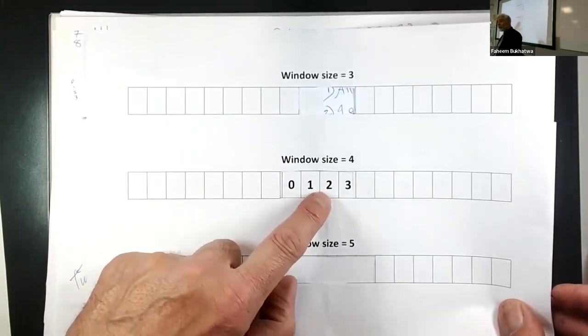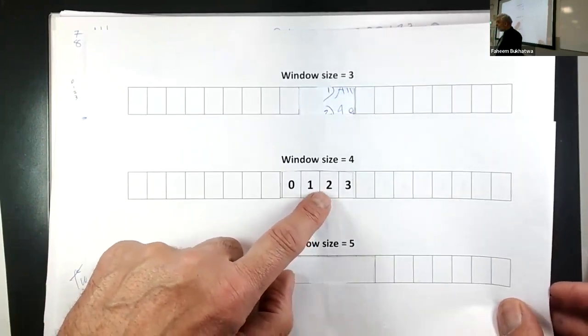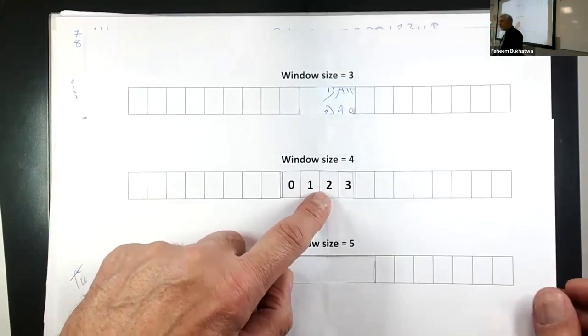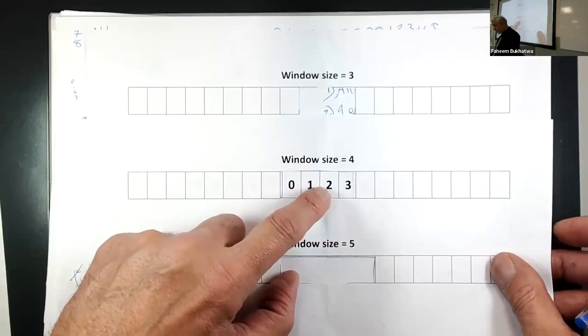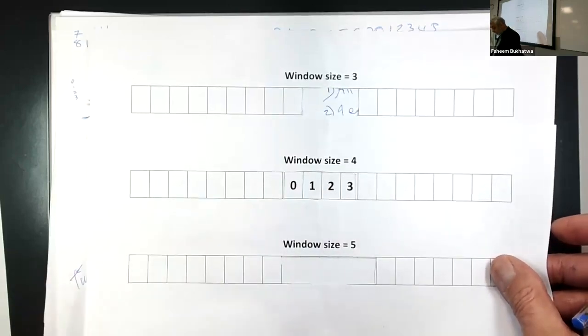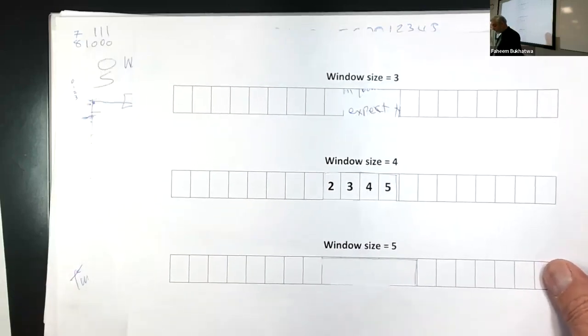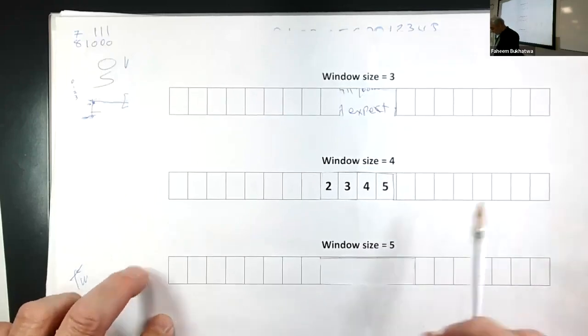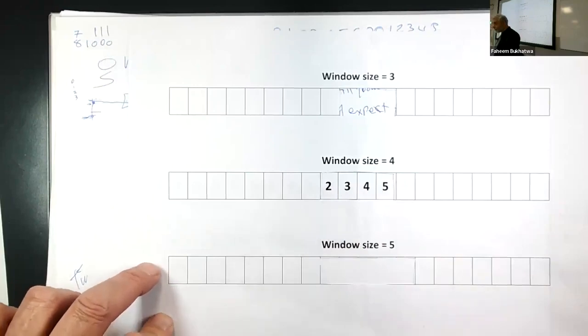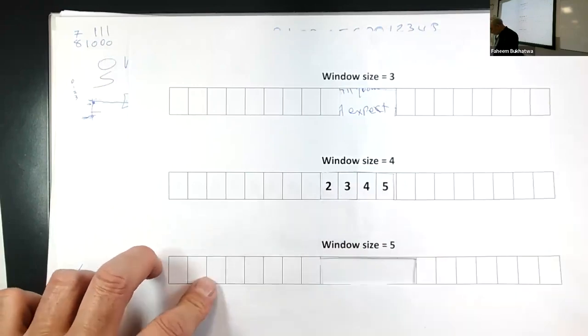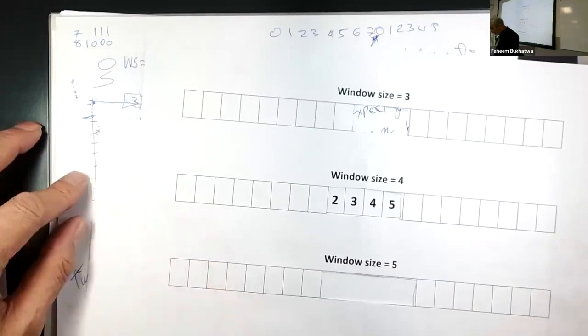That means there's something wrong with 2. Or the receiver says to me, send me number 2 again. And the moment the sender receives an acknowledgement, it will move the window, push the window to that number. Now it looks and says, okay, I can send 2, 3, 4, and 5. But how do I send frame number 2 again?